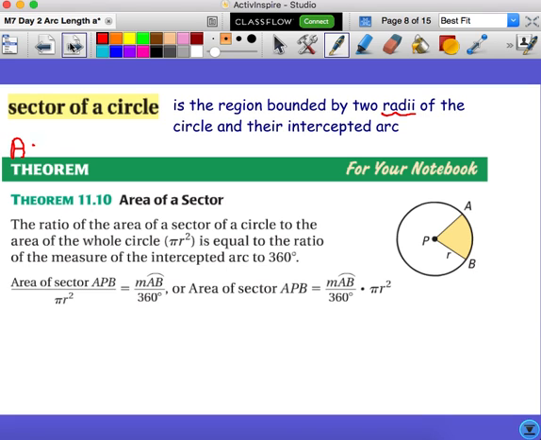So with that, we know how to find the area of a circle already, or hopefully we do. So our area of a circle formula is pi r squared. So if I want to find part of that circle, I can say the area of the sector over the area of the circle should be proportional to the measure of the arc out of 360. Again, you have a secondary formula here.